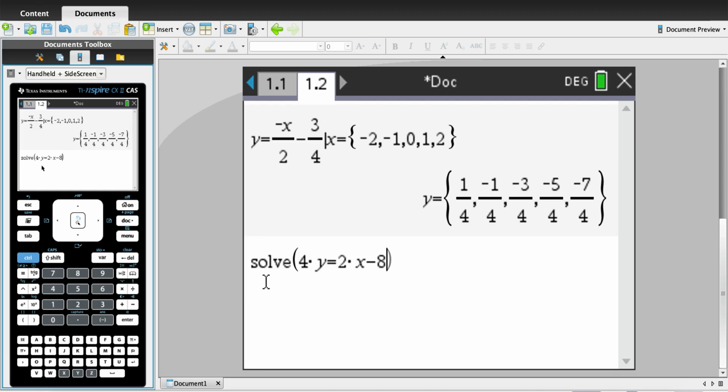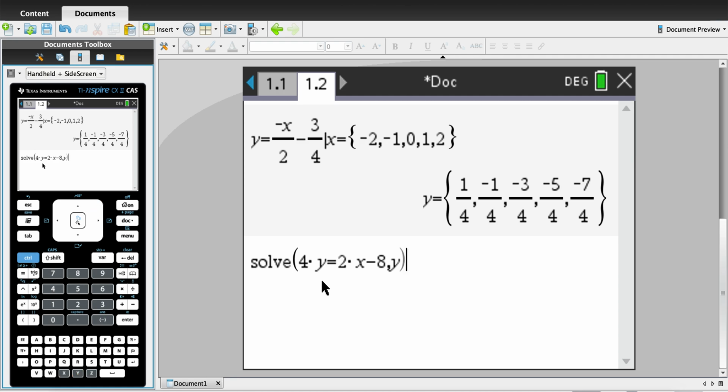Now in the function solve, I have to say which one is the variable that I'm going to solve for. So I'm saying comma y. Sorry, solve for y. We're going to find the value of y, the y-intercept.